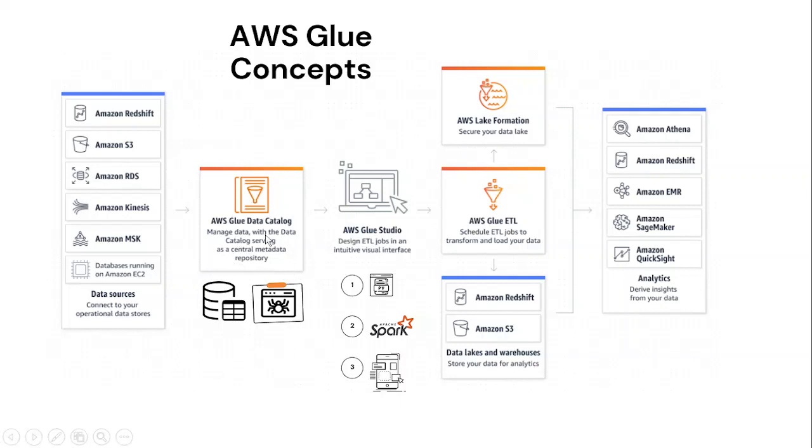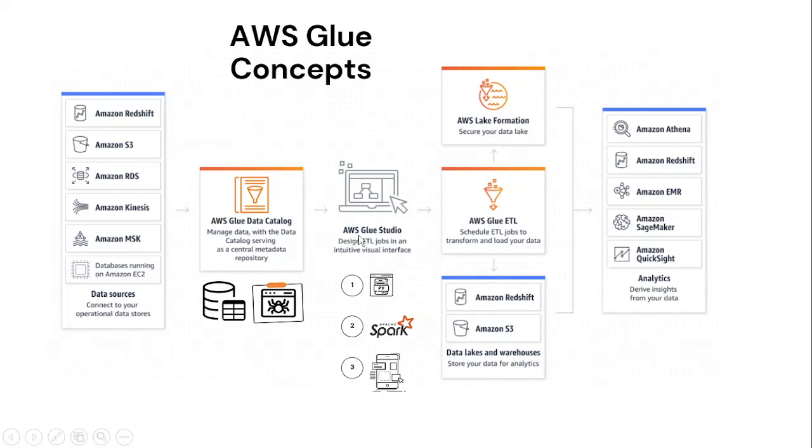All this metadata is stored in a table, and this table contains the metadata information, which is column names, data types, etc. And this table is stored in a database. So these are the three important things related to the crawler, which we're going to see in a demo, like how to create it and how it works. But basically the crawler crawls over the data store, analyzes and infers the schema, and writes that metadata into the table, and the table is stored in the database.